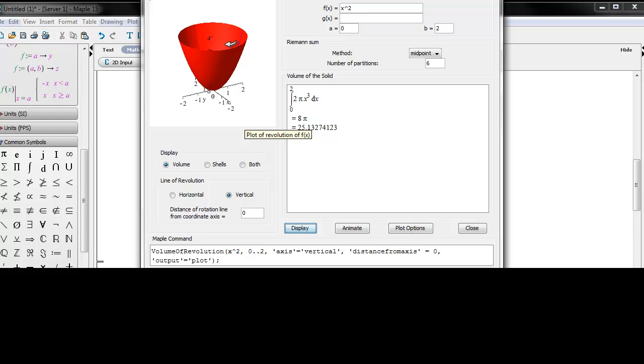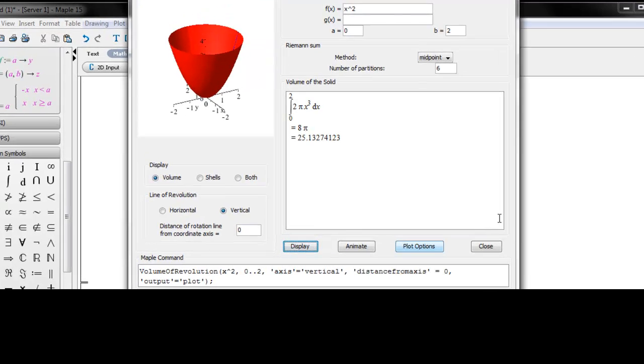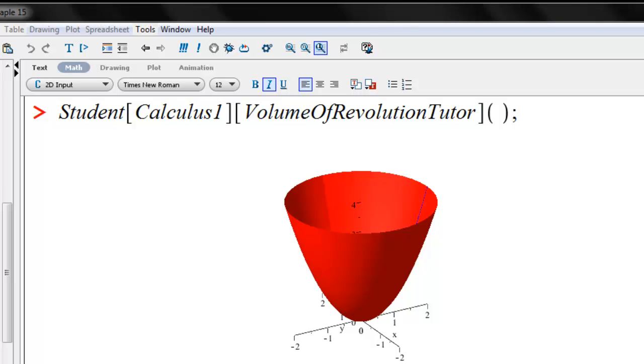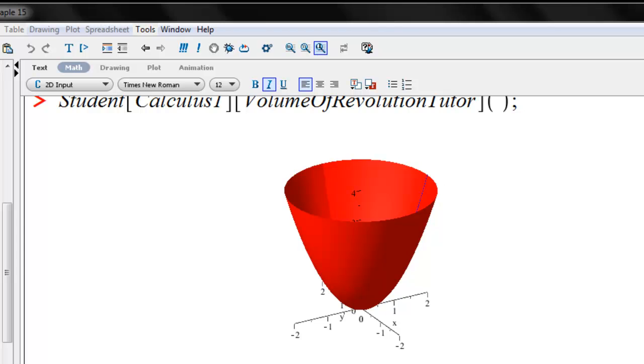Notice here that we end up with a bowl or a basket sort of shape. And notice that we have the y-axis going from 0 to 4 and x goes from 0 to 2. We can display that if we want, which is very nice.